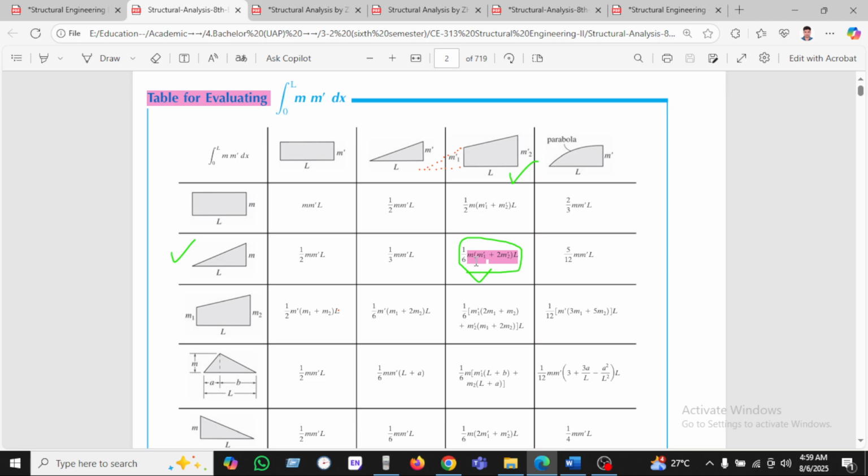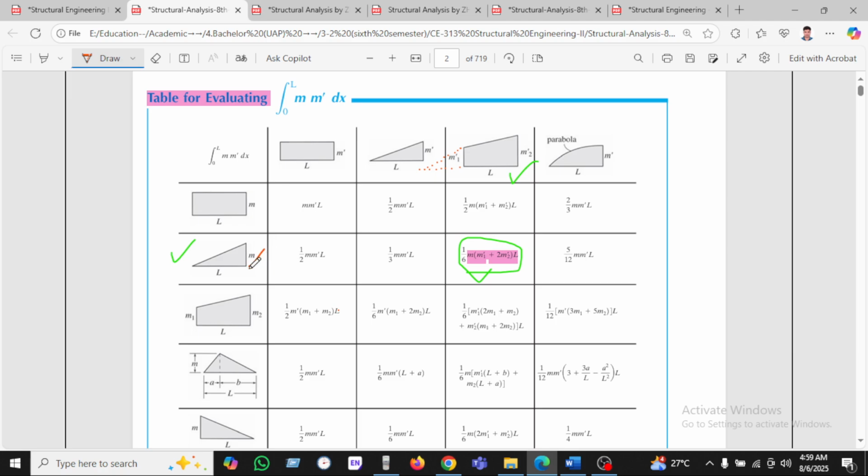So 1 by 6 M into M1 plus 2M plus M2. What is the M? M is the M for the triangular. And what is the M1? M1 is for this rectangular, and M2 is the rectangular on this side.